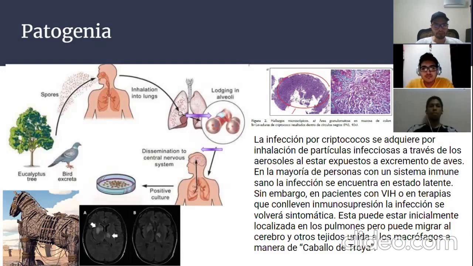However, in patients with HIV or in therapies that involve immunosuppression, the infection will become symptomatic. This may initially be located in the lungs, but it can migrate to the brain, producing meningoencephalitis, which is a deadly form of infection, and to other tissues, attached to macrophages as a Trojan horse.